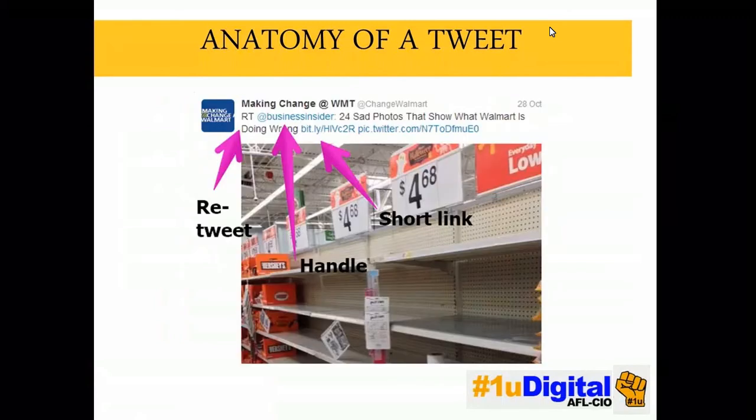So, to go over some basic anatomy of a tweet and what a tweet is made up of: these are short statements. One of the nice things about the way the handle is used here is that you can see where this article is coming from.